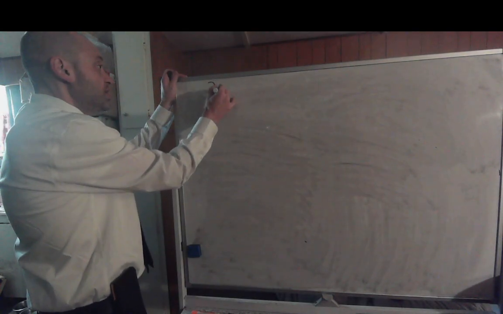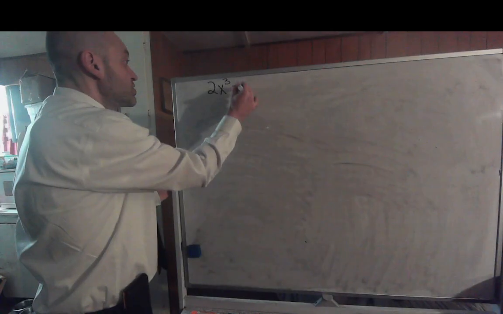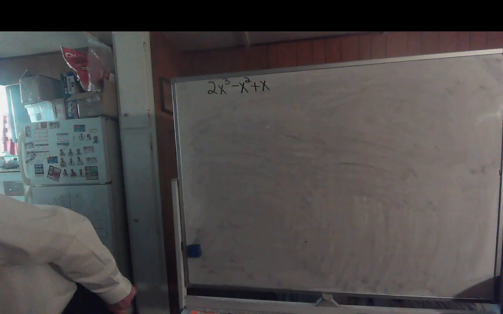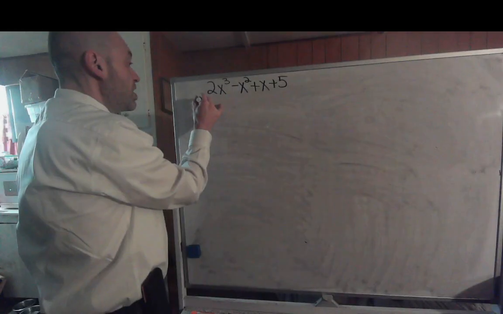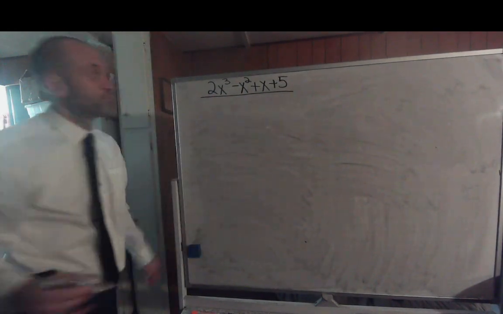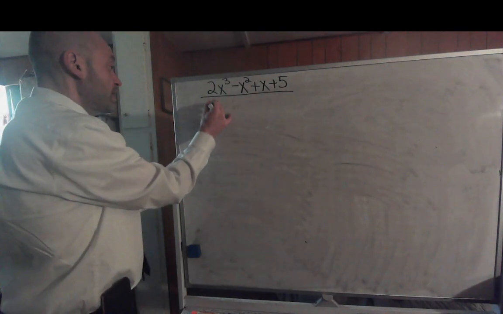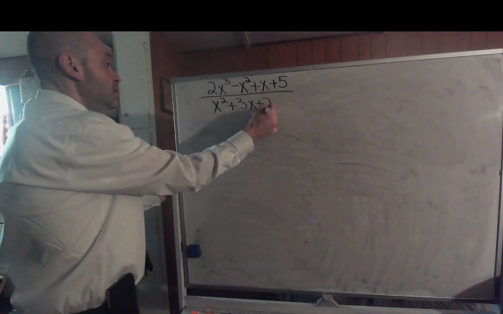You have 2x to the third minus x squared plus x plus 5 all over x squared plus 3x plus 2.